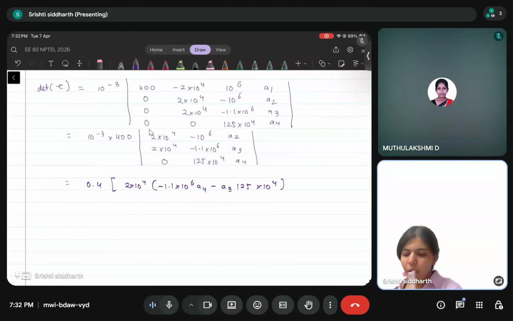We should expand along the first column because it has two non-zero entries instead of 3, right? This will be minus 2 into 10 to the power 4, 10.6 A4, minus 125 into 10 to the power 4, A2.